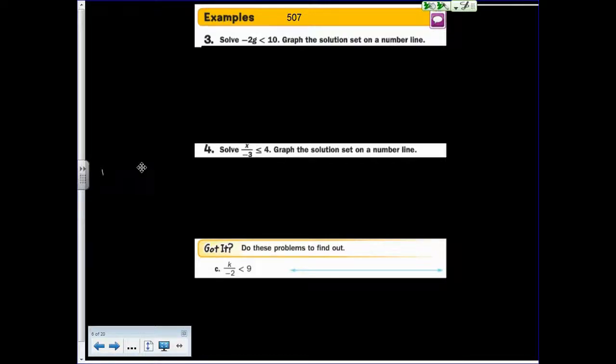It says negative 2g is less than 10. We can see that we are multiplying g by negative 2. The opposite of multiplying g by negative 2 is to divide by negative 2 on both sides. Okay, so this was a negative number.